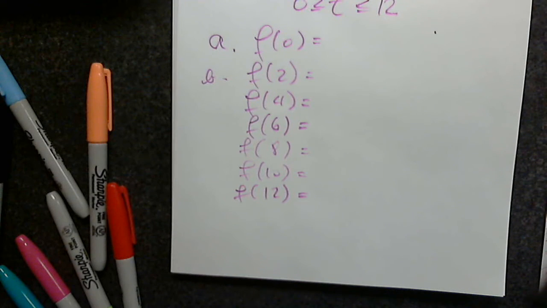And now if I want to graph, so, oh, I didn't mean to change, I'm sorry. So if I want to graph, I go to the viewing window. What are the x values? Because I have to choose. Exactly. That's what I care about right now. So I'm going to say 0 to 12 with a scale of 2.